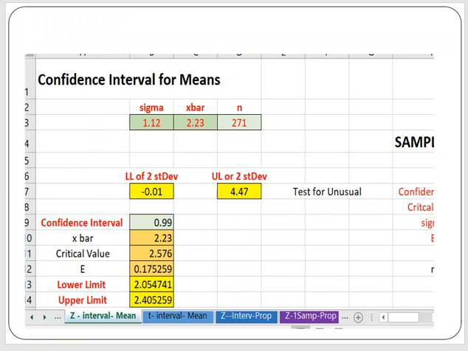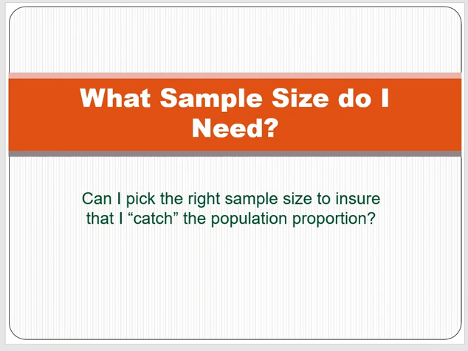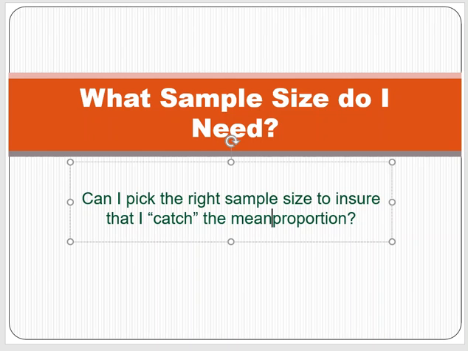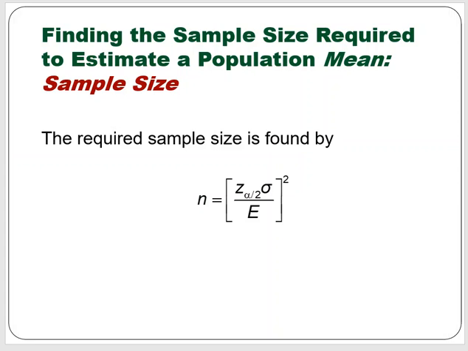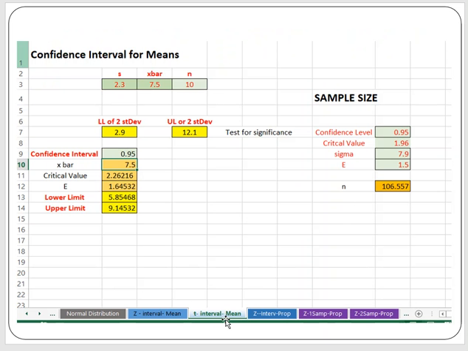Okay? Now, in the same token, what if I want to pick the right sample size? In this case, not the proportion, but the mean. Well, what I need to do is N is equal to Z critical times sigma divided by the margin of error. And I have that in the spreadsheet as well.